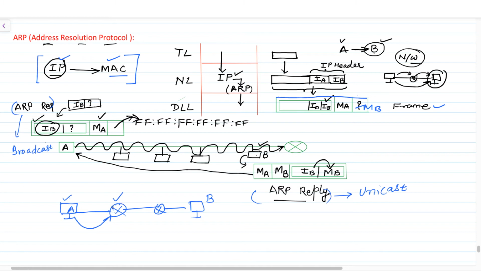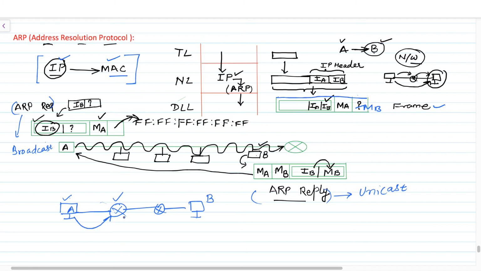It is when the destination is not present in the same network. Then the datagram will have to travel via some routers in order to reach its destination. So in that case, this source will forward its datagram to the default router. In order to forward its datagram to this default router, the MAC address of this router needs to be known.